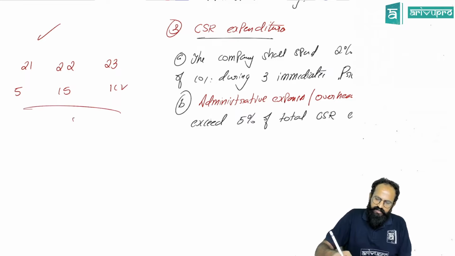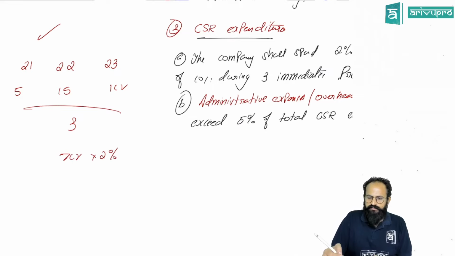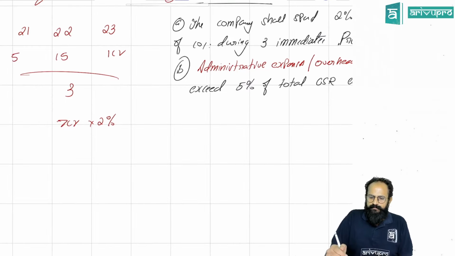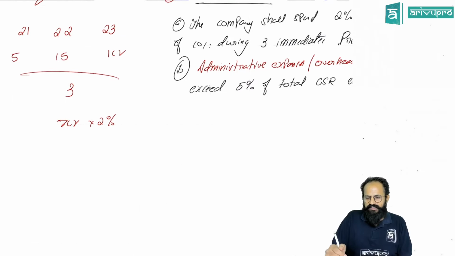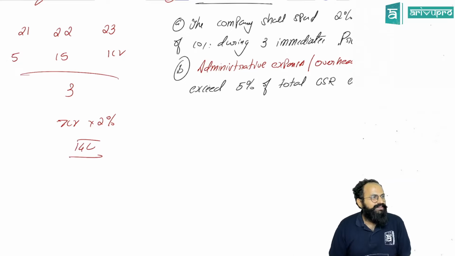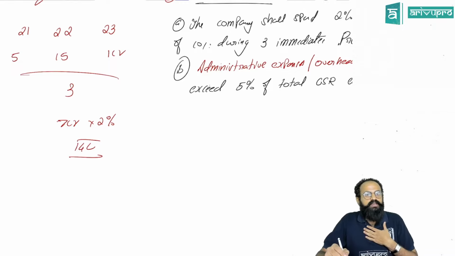Divided by 3, 21 divided by 3 is 7 crore. 7 crore into 2%: 10% is 70, 1% is 7, 2% is 14 lakh.